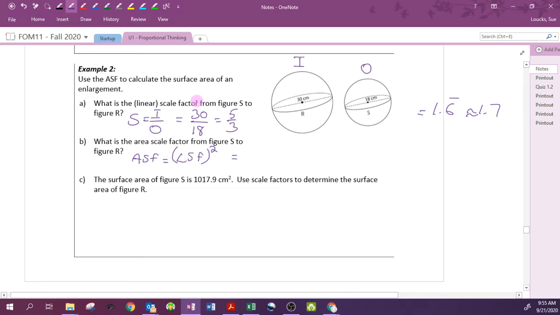Honestly, it does not take any more time to write this down for every question, and you will remember it and then you will work faster. I wouldn't lie to you. All right, so this is 5/3 squared, which is 25/9.